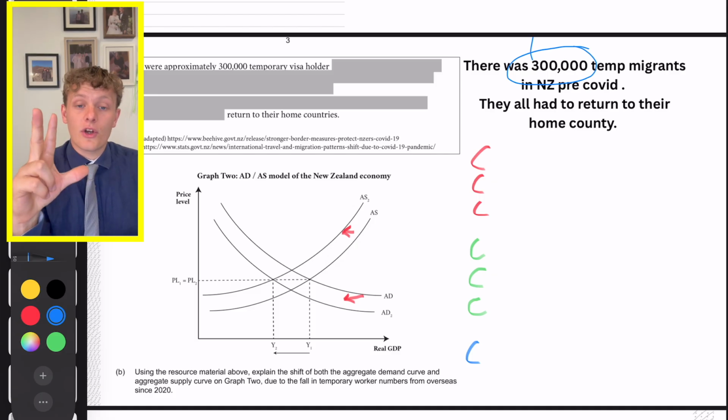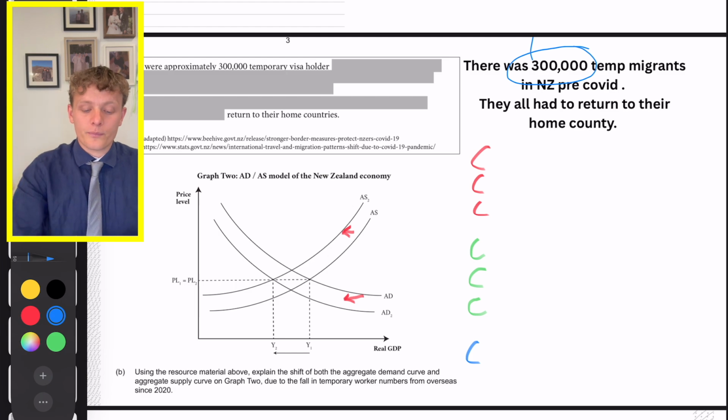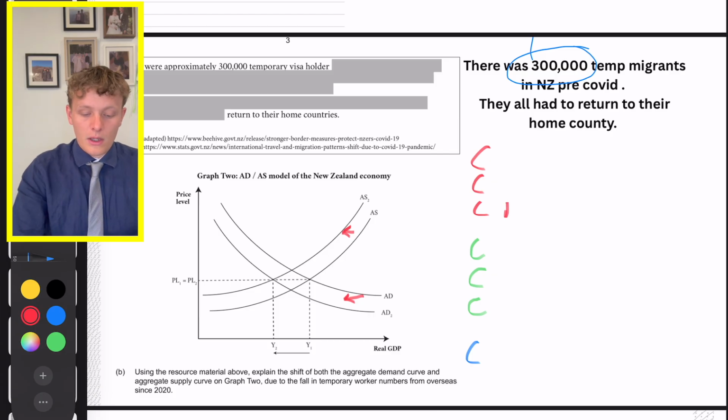Next one, curve. As C is a component of aggregate demand, AD equals C plus I plus G plus X minus M. A decrease in C will cause a decrease in aggregate demand, shifting AD to AD2. So we finish here on AD to AD2.